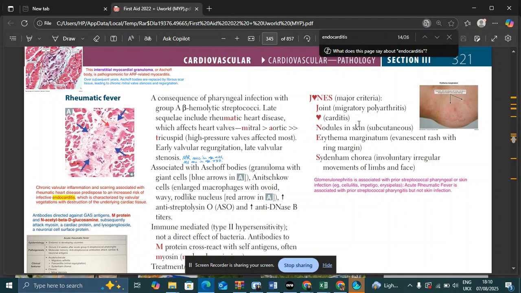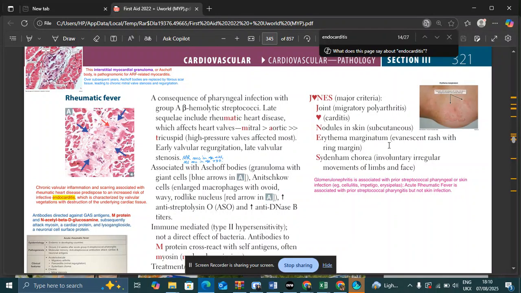The basic thing to remember is usually they involve the high pressure valves. High pressure valves are mostly affected. For example, the mitral and the aortic valves are the most commonly affected valves. First they lead to regurgitation, and then they lead to valvular stenosis. Okay, the third finding is nodules in the skin, usually subcutaneous nodules. The fourth finding is erythema marginatum.